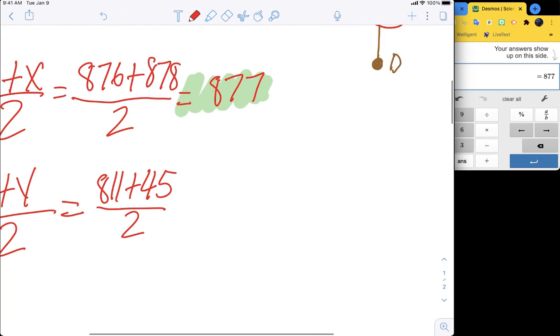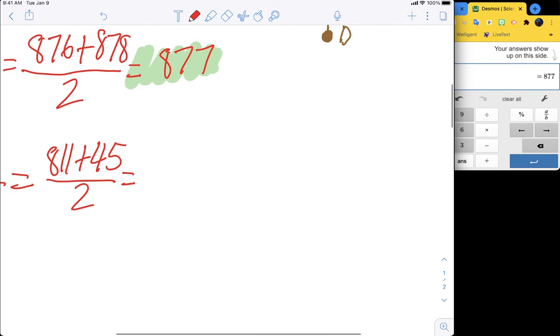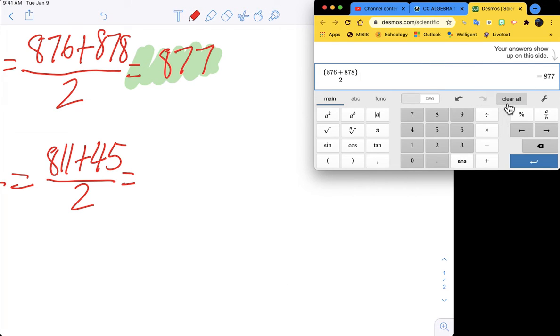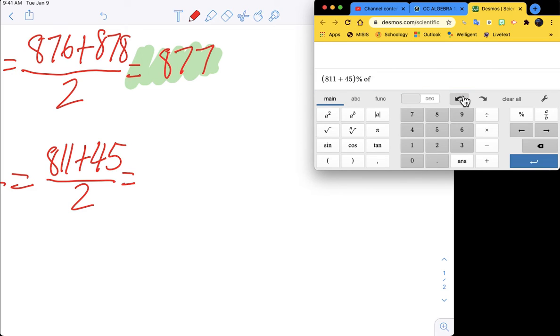Let's use our tools, and let's not forget this time to use parentheses, so I can divide 811 plus 45, parentheses, divided by 2. Oops, let me go back.